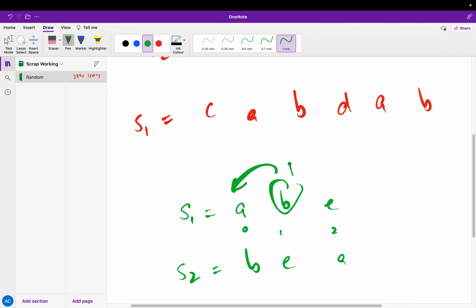But since it starts at 1 and we're only allowed to swap between positions where the difference is even, no matter whatever swap we do with B, the position it ends up in will always be odd.